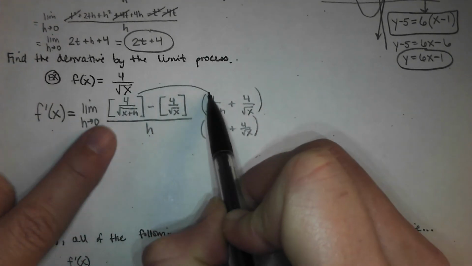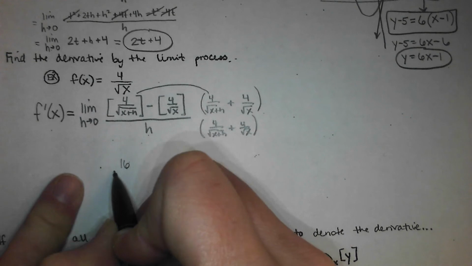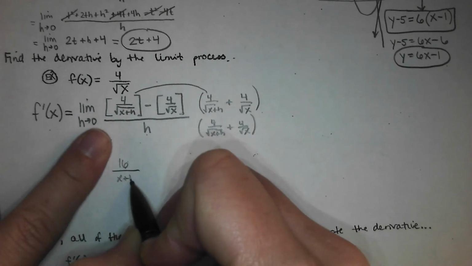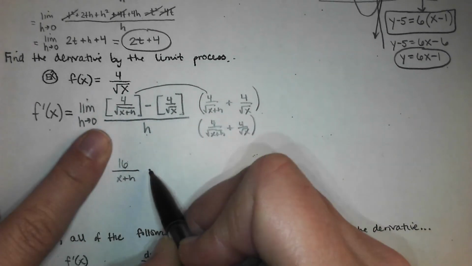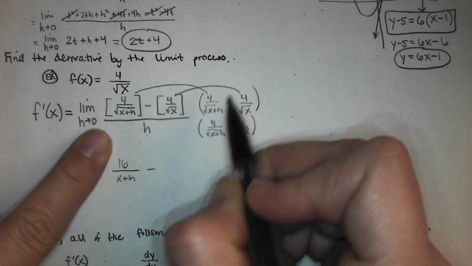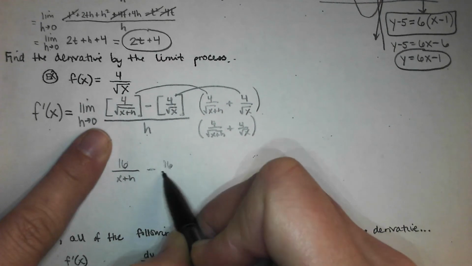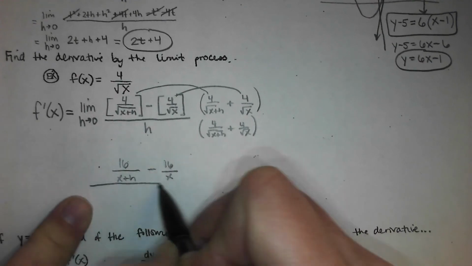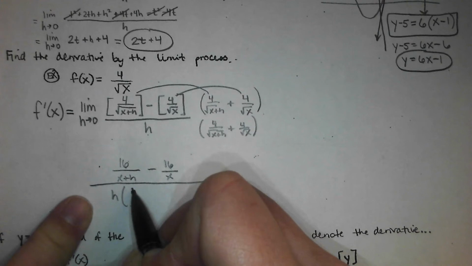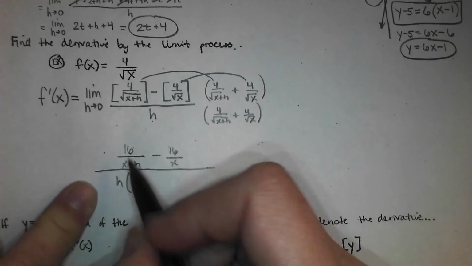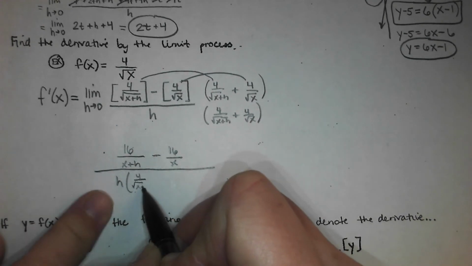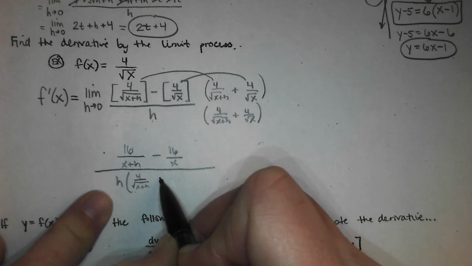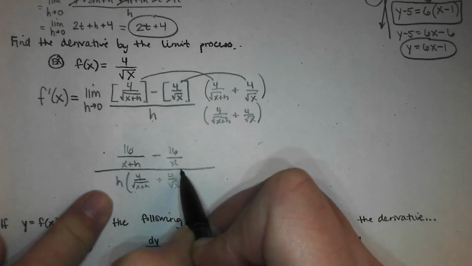So that would be 16 over x plus h. Your outer and your inner cancel, minus your last two would give you 16 over x. And your denominator would be h times 4 over root x plus h plus 4 over root x.